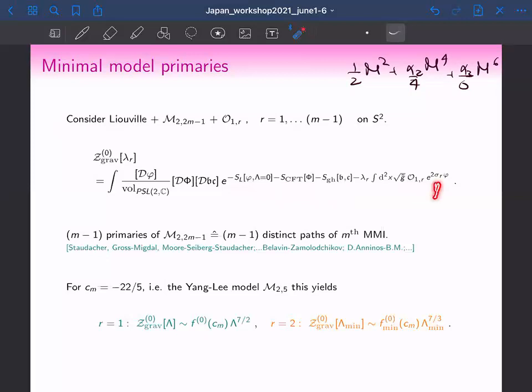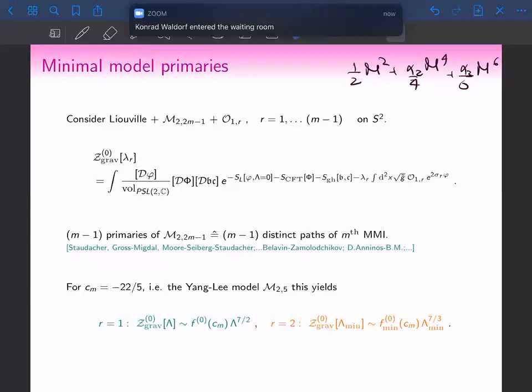And here sigma r is chosen in such a way that this combined operator is a marginal operator. So it has conformal dimension 1,1, which in particular implies that if you integrate it here, it has 0 conformal dimension.